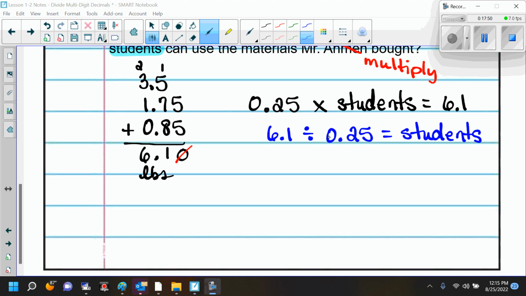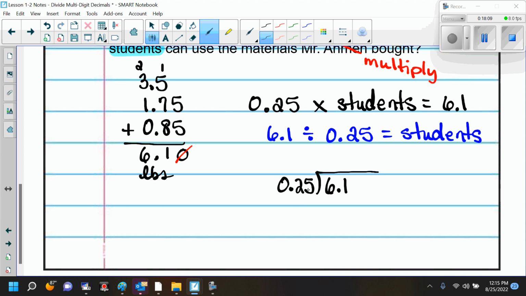So here, we're going to use the traditional model for division, and we're dividing by the 25 hundredths. So we have 6.1 inside, and we have 0.25 right there on the outside.